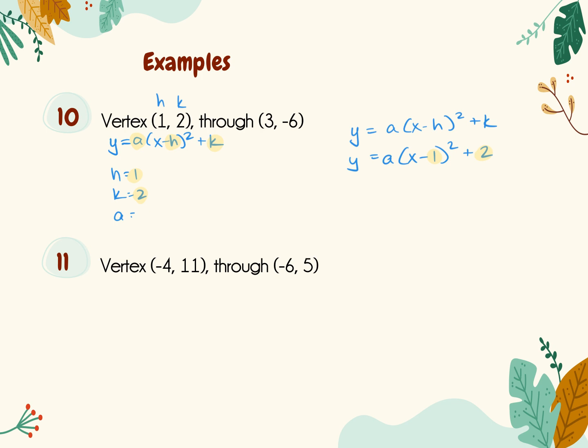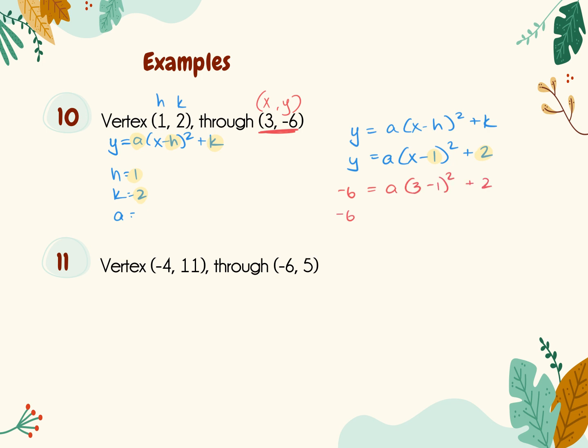Now I have an equation that has just a, x, and y. What I'm going to take advantage of is this point that they gave me. They gave me an x and a y point that it goes through. So I'm going to sub that y in here, and I'm going to sub that x in here.